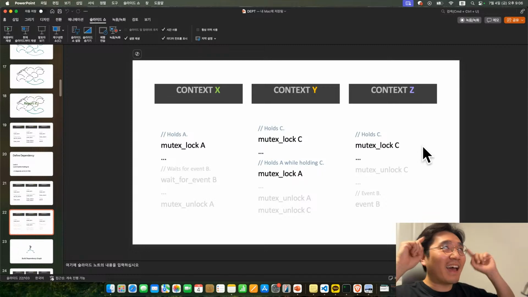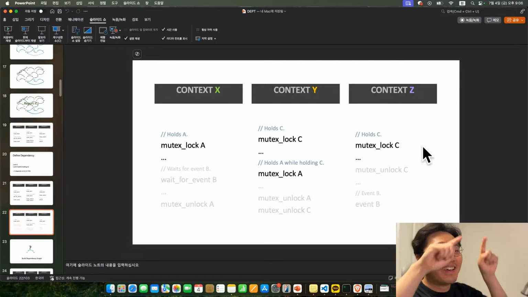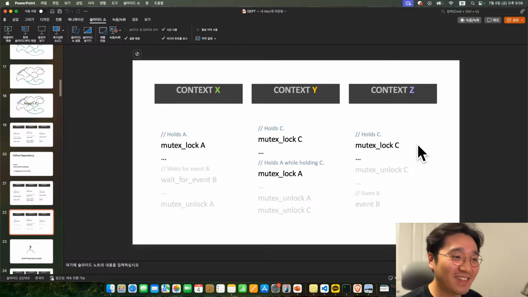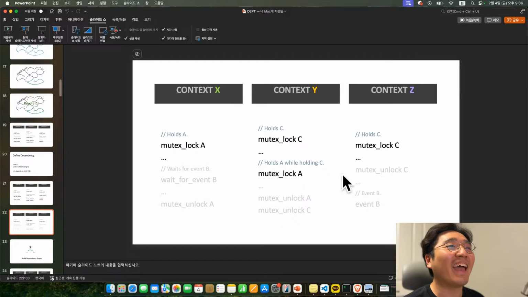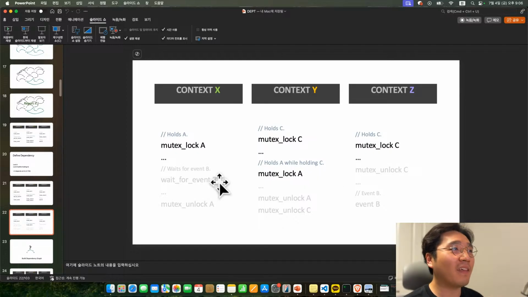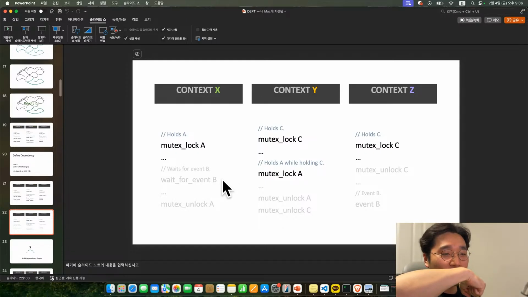I think circle-in-eye emojis are good for this state, and this state is also good. And I think an emoji for waiting time for the event is good for the process state.